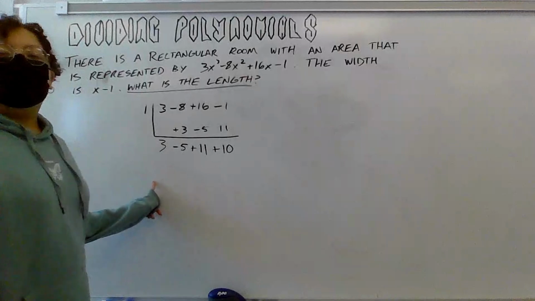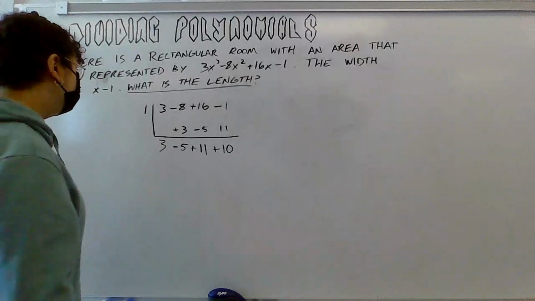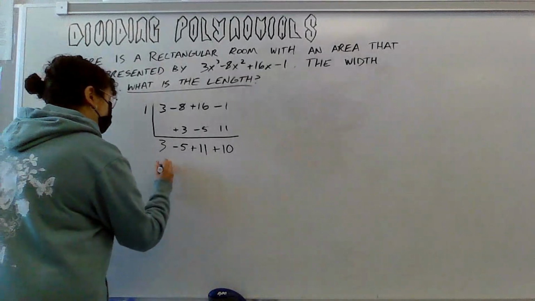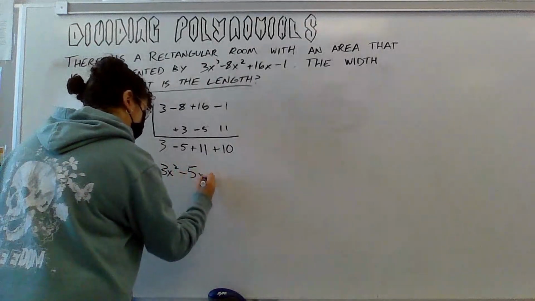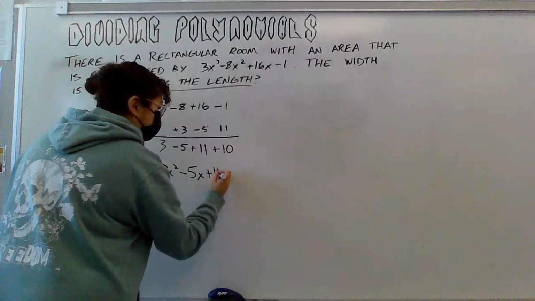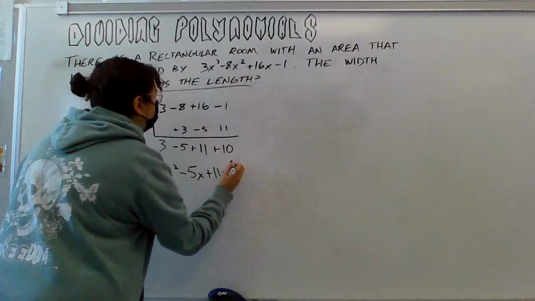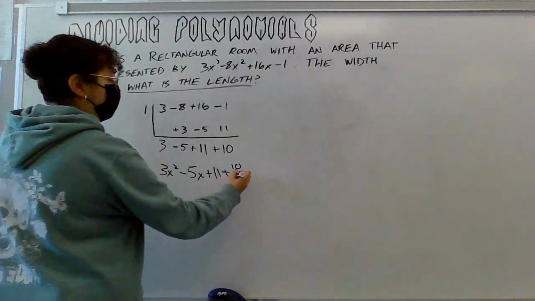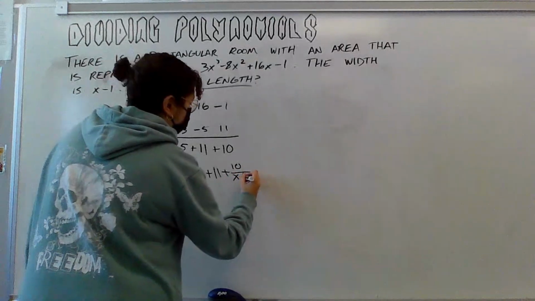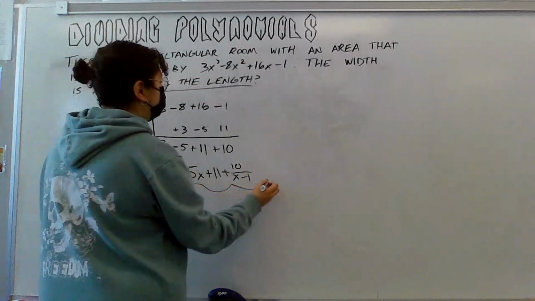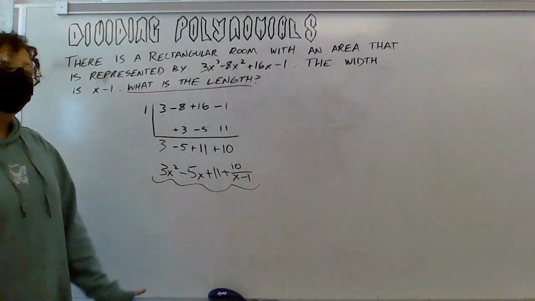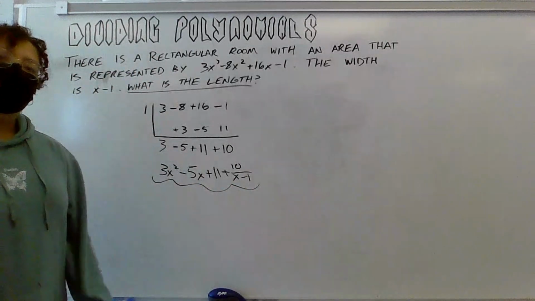And so putting this back into polynomial form would be 3x squared minus 5x plus 11 plus 10 over x minus 1. This expression is what we would use to represent the length of the rectangular room.